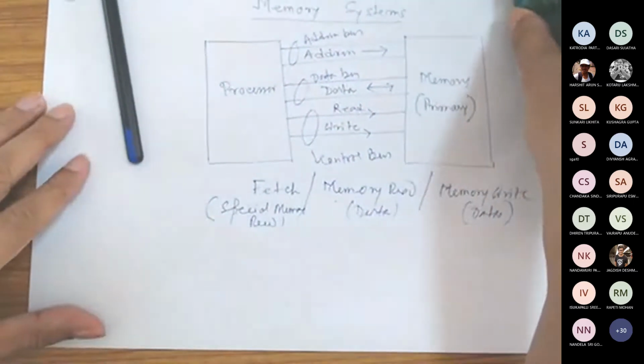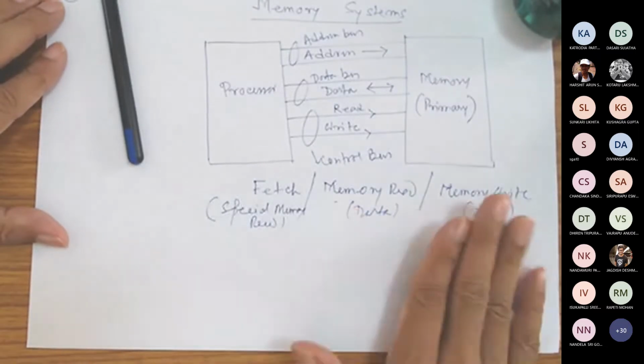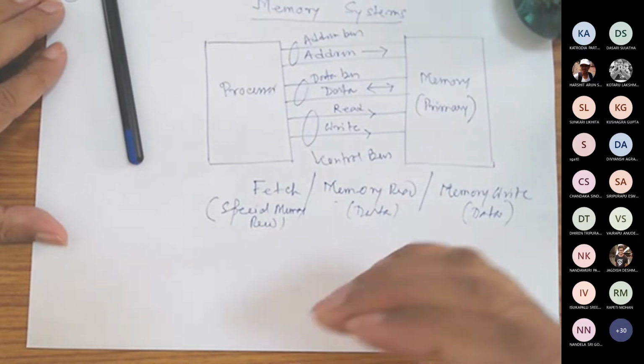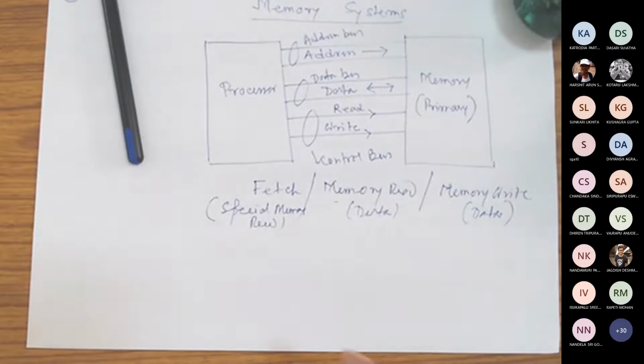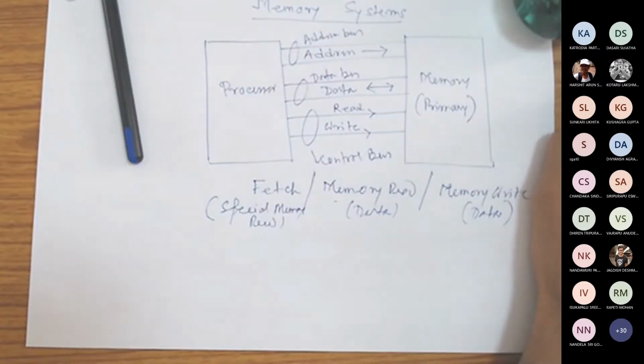Fetch and memory read and memory write. We need to understand when fetch is required, when memory read is required, when memory write is required, even though fetch is a special kind of memory read. Okay. Now, this is a very high level design of the memory system.